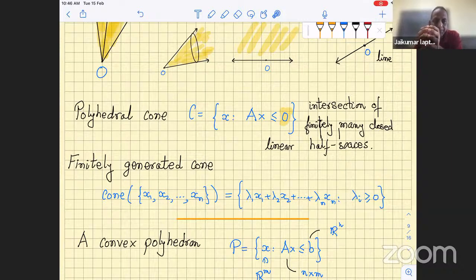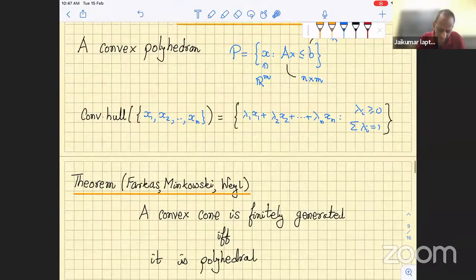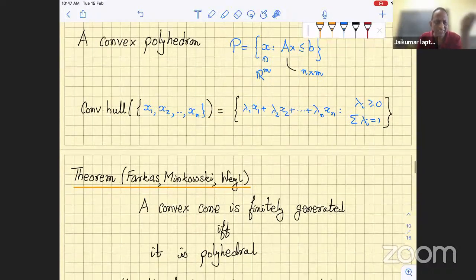But one also likes to imagine a polytope as the convex hull of its vertices. So is it true that anything generated by half spaces can also be generated by a finite set of vertices giving exactly the same polytope? Intuitively we believe this, it's hard to imagine why it could be false, but it needs some proof, and the fundamental theorem of linear inequalities will come into play there.